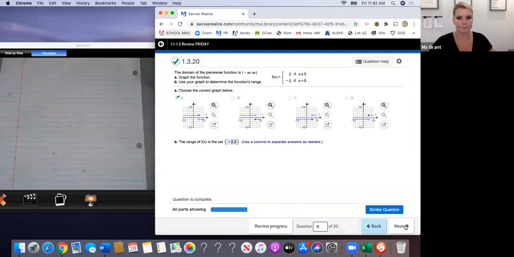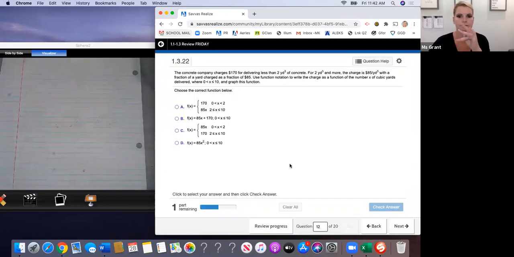Okay. Number 12. Concrete company charges $170 for delivering less than 2 yards of concrete. For 2 yards or more, you get $85 a yard. If you want another half a yard, they'll charge you a prorated amount of the $85. Use function notation to write the charge as a function between 0 and 10 yards.